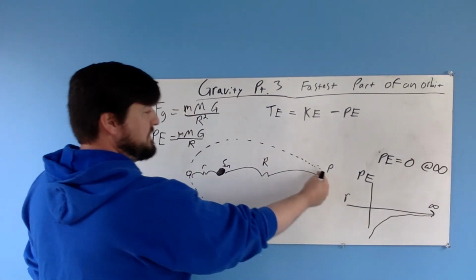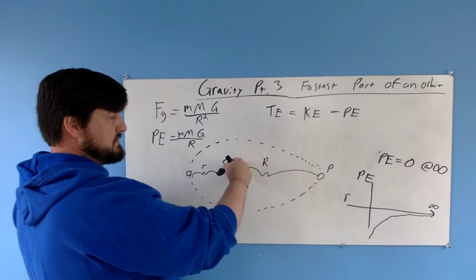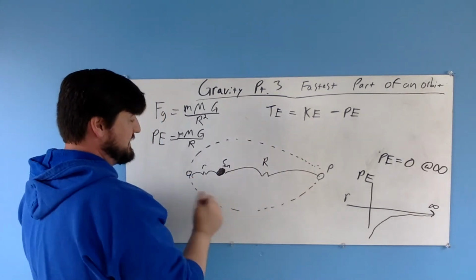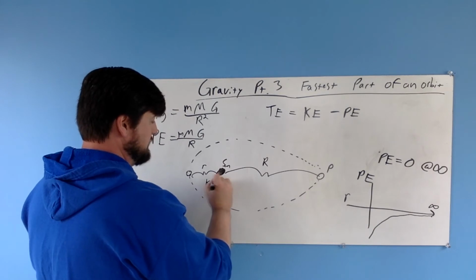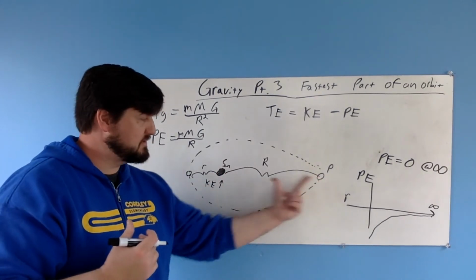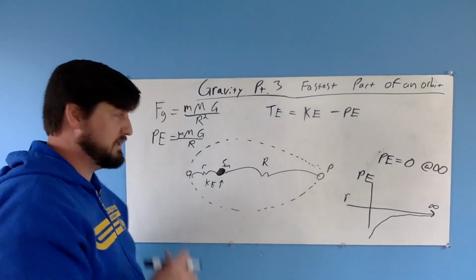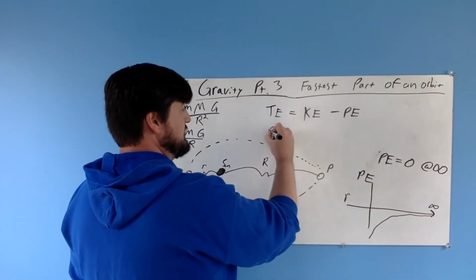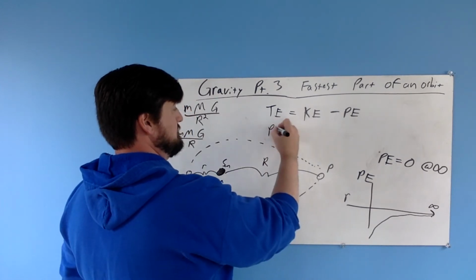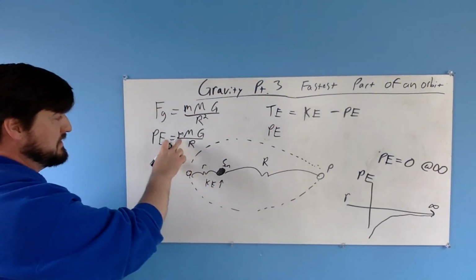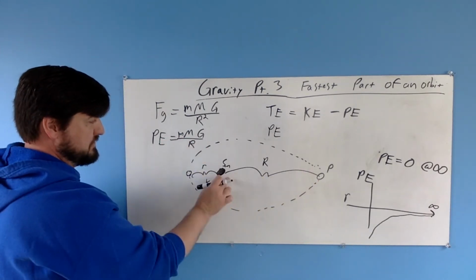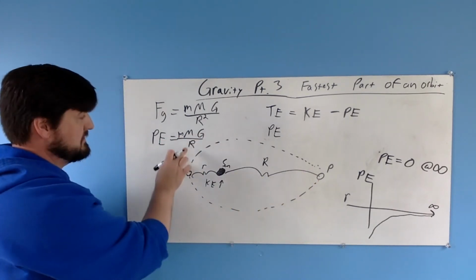So as you come in this way, you're losing potential energy and gaining kinetic. Your kinetic energy goes through the roof, which means you've burned some of that potential. You've lost that. The potential energy for anything is always going to be the mass of the smaller object, the mass of the larger object, the gravitational constant, and the distance between the two.